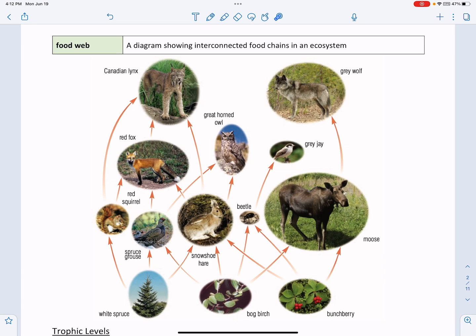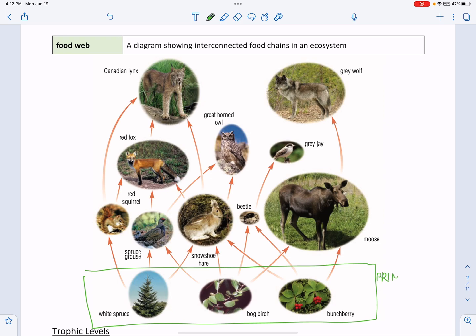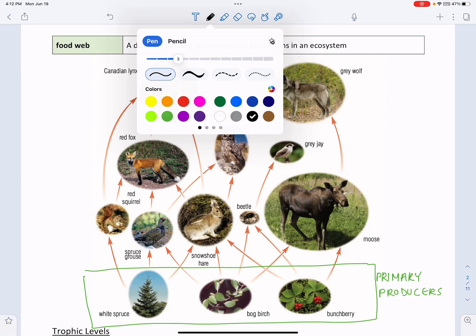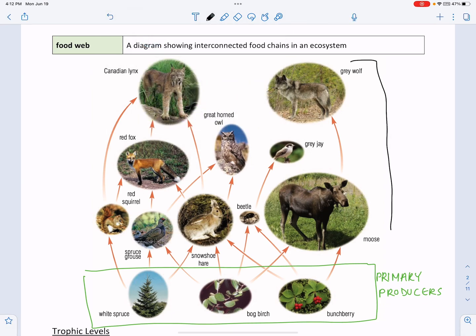This entire first row of photosynthesizing organisms or plants are called primary producers. The rest of the organisms can't produce their own food through photosynthesis, so they're called consumers.